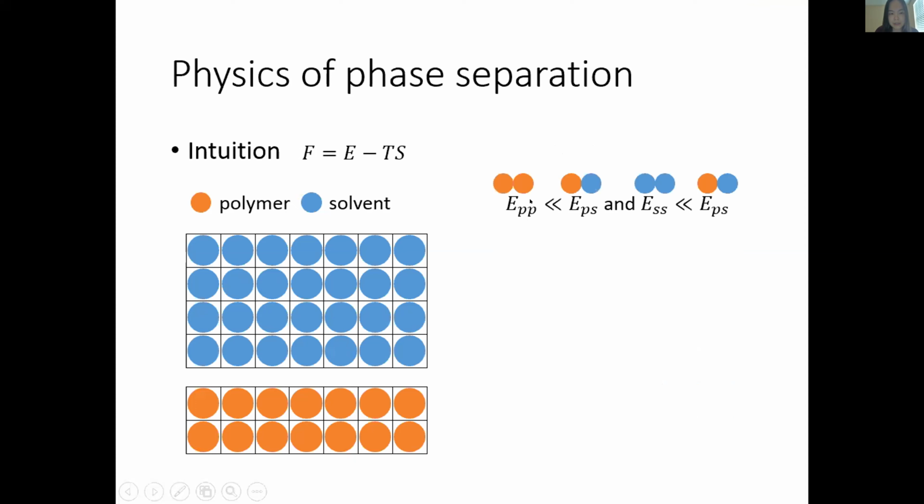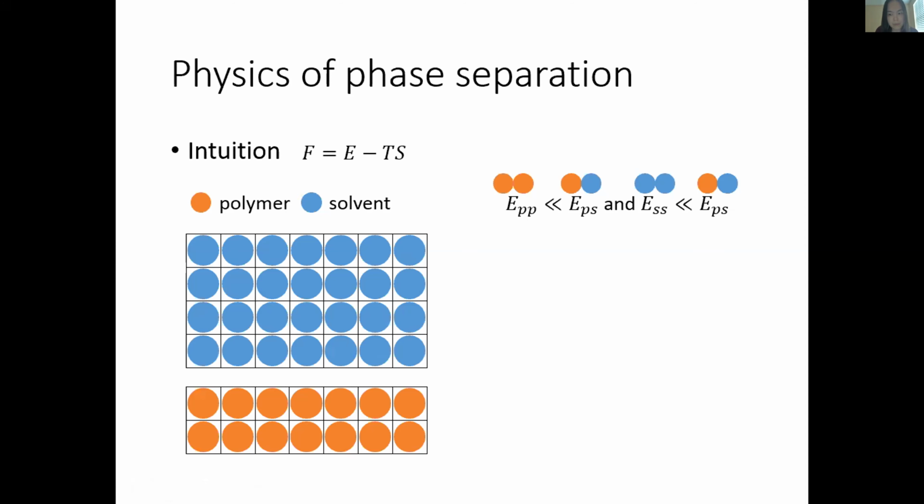Then what can we do to make the system phase separate? Well, because we have a competing energy term here. If the system has interactions between polymers, between solvents, and between polymer and solvent, and the polymer likes polymer, and the solvent likes solvent, but the solvent does not like the polymer that much, it's just like water molecules, which are hydrophilic and like each other, and oil molecules, which are hydrophobic and like each other.